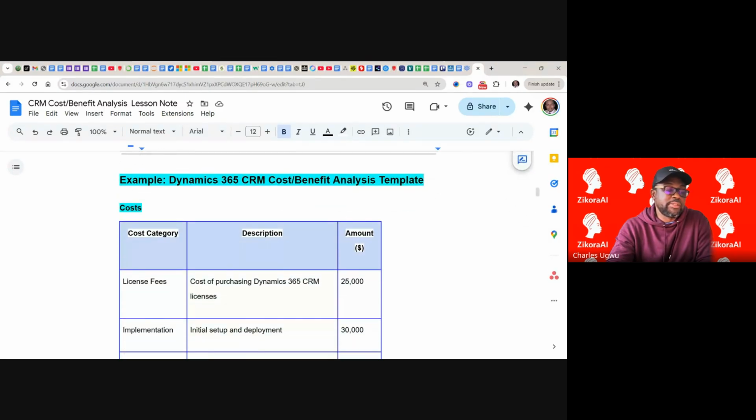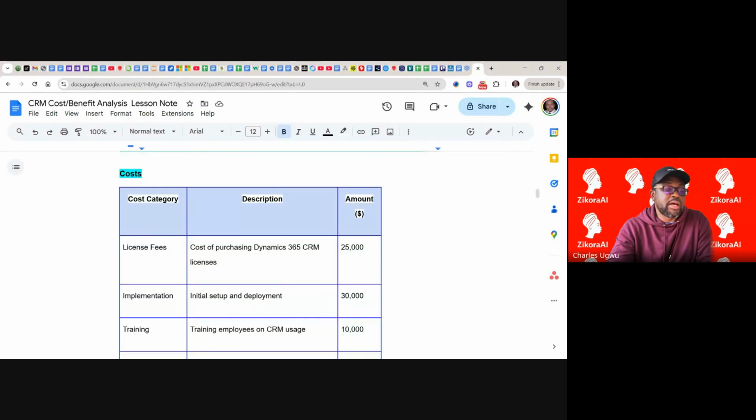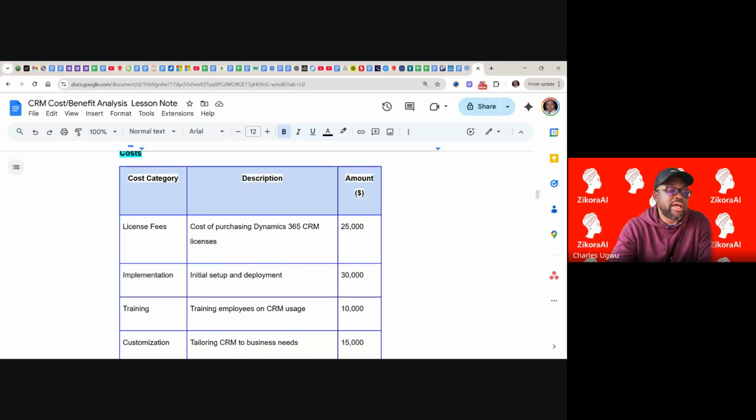So let's look at how to carry out a cost benefit analysis. Under this table, we see costs. Here you see license fee, description: cost of purchasing Dynamics 365 CRM. Most of these software licenses, you pay for the number of usage.